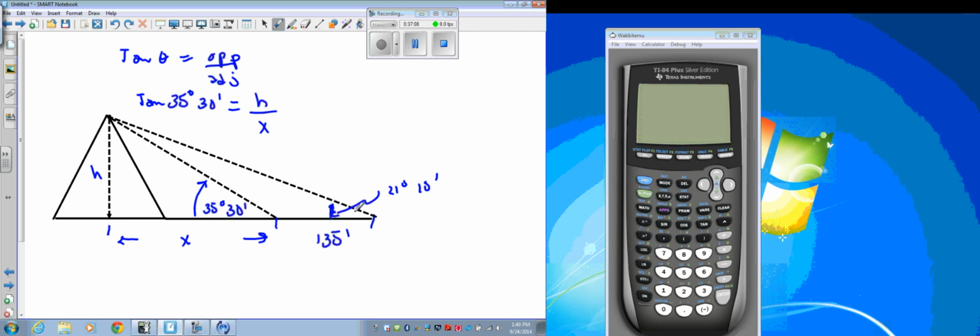Now if we take this triangle right here and h, then this side is going to be the tangent of that angle, right? The tangent of 21 degrees 10 minutes is equal to h over x plus 135.